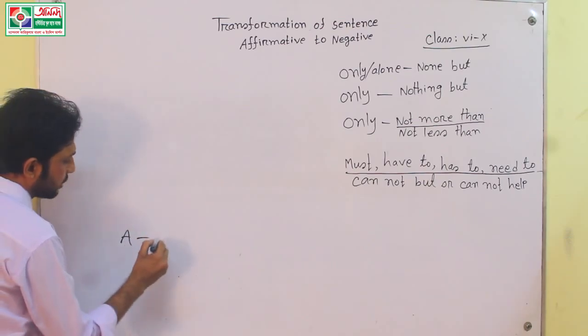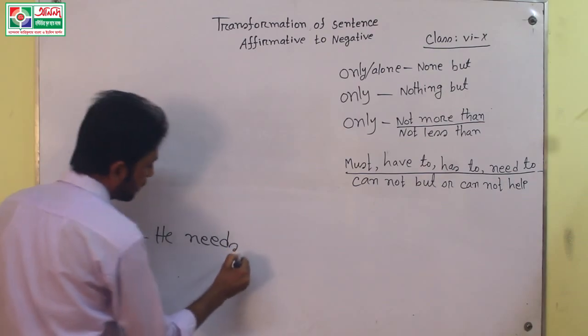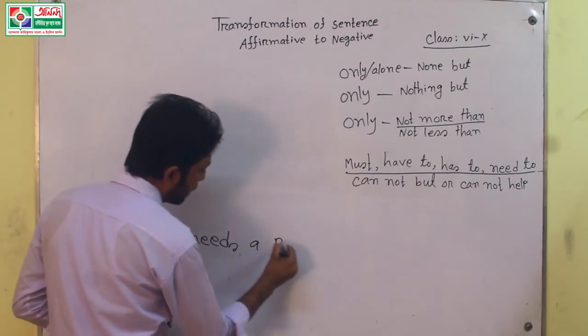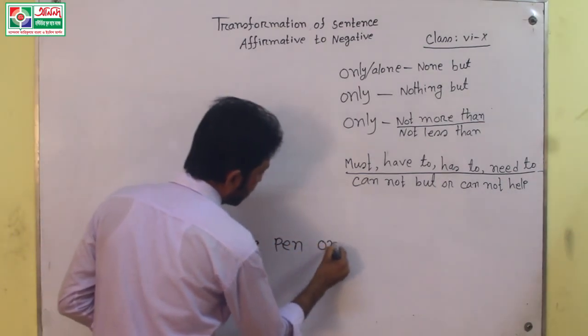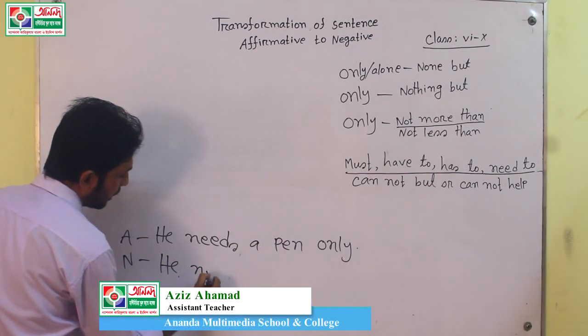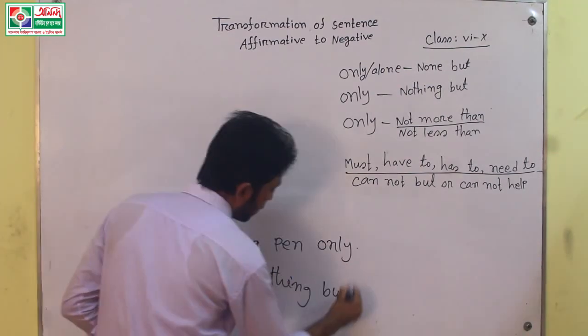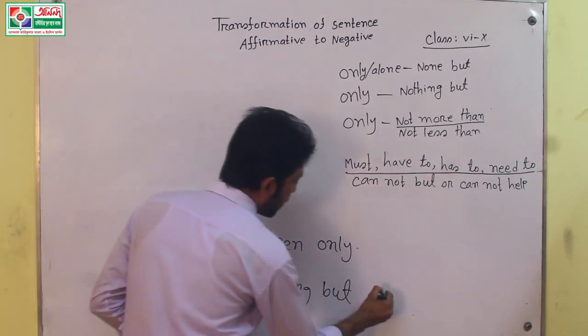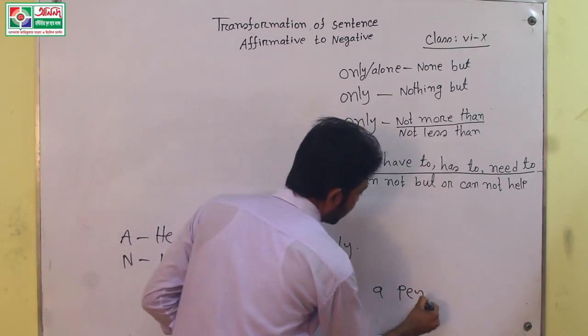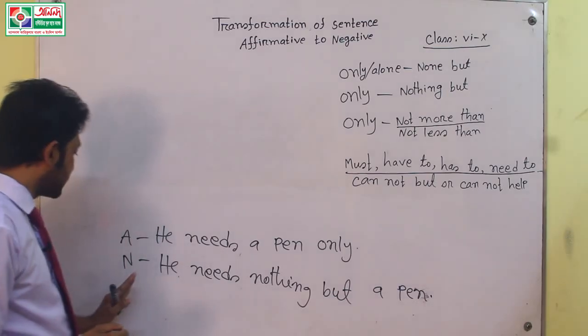Affirmative sentence. He needs a pen only. Negative. He needs nothing but a pen. My dear students, look at the example.